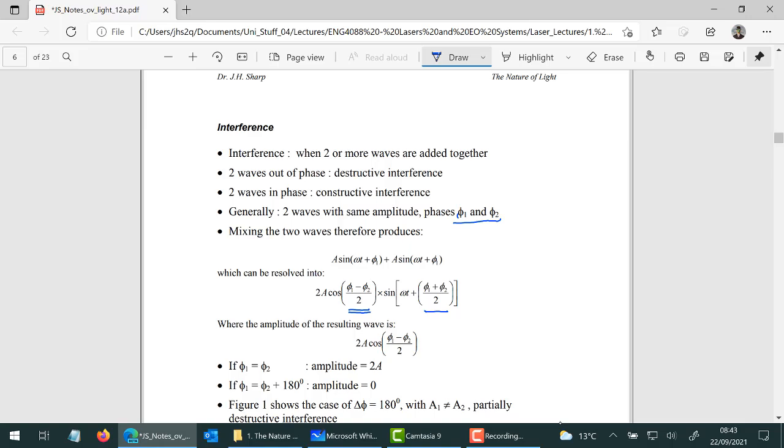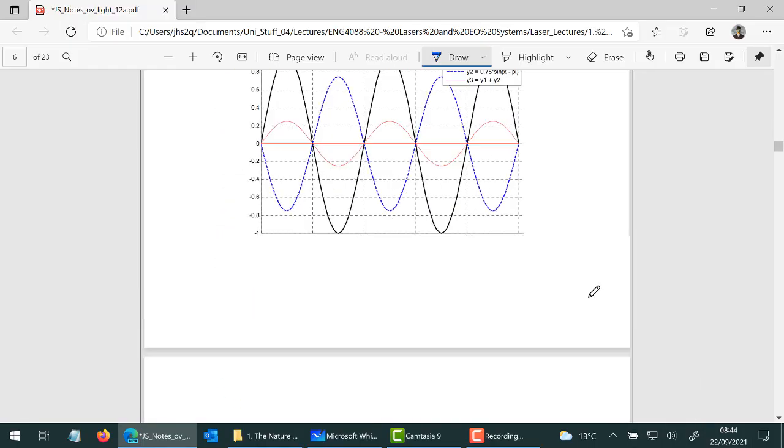And so what we get is some proportional part here, which doesn't depend on omega t, so it doesn't depend on time, so this is a fairly constant value with time, and it gives us a modulation which is proportional to the difference between the two phases. And then we have a sine wave, which is what we had before, omega t, and now we have an extra phase term, and that phase term will be the average of the two phases. Okay.